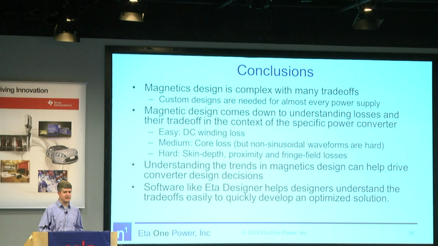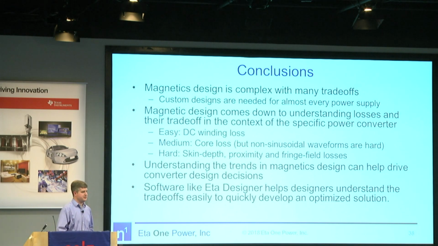We've seen that, but if we just do DC loss and maybe calculate core loss, we've basically swept half the losses under the rug, and you'll probably end up getting bitten by them. Other things to consider that are very difficult are non-sinusoidal waveforms for core loss, as well as the AC effects like skin depth, proximity, and fringe field losses that need a software tool to really calculate.